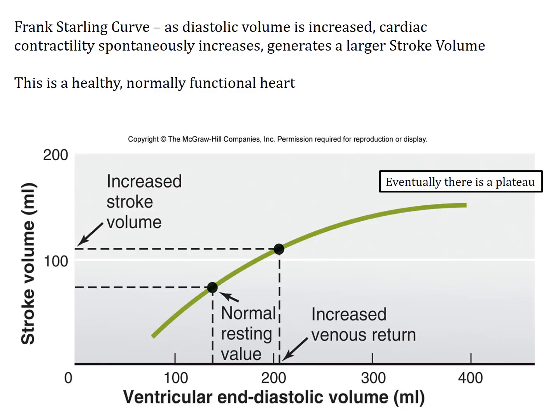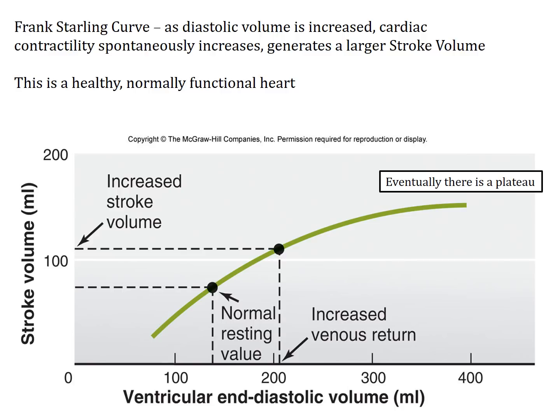You may have seen this in an undergraduate class. This is the Frank-Starling curve. This describes a normal, healthy heart. And what it's saying is the more blood you put in the ventricle, the higher is the end diastolic pressure at the bottom on the x-axis, the greater will be the stroke volume, how much blood is ejected out of the ventricle, shown on the y-axis.